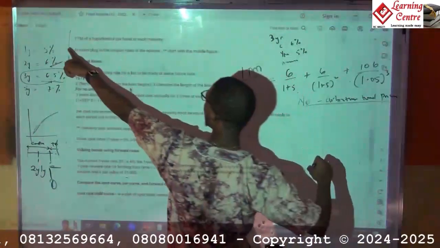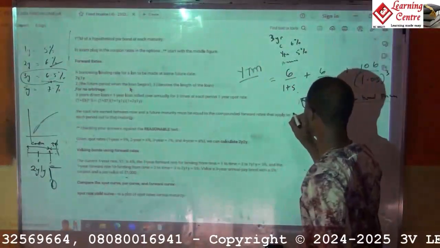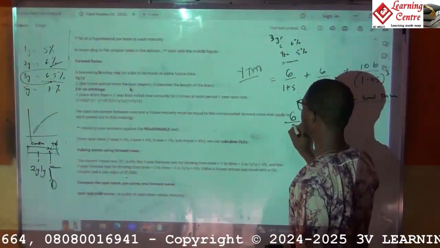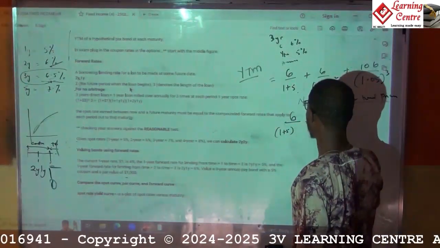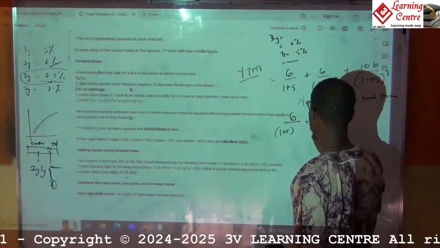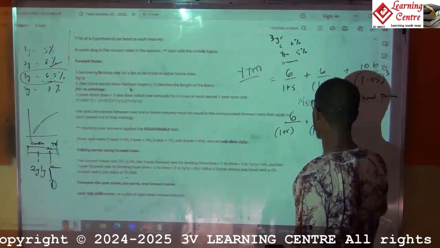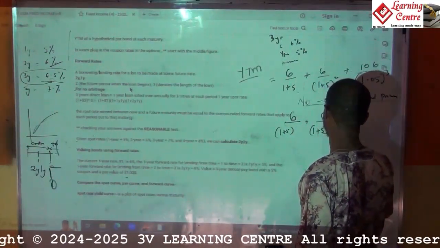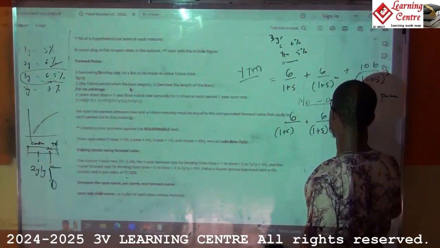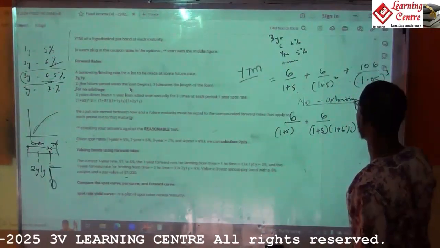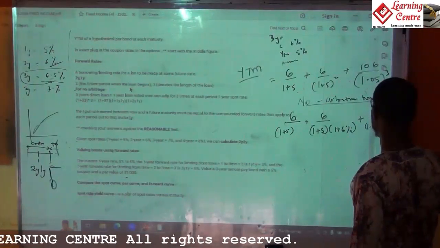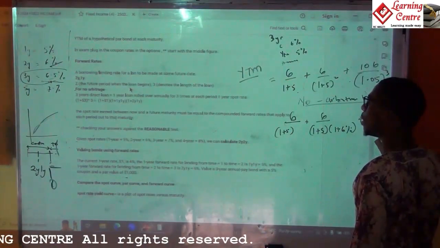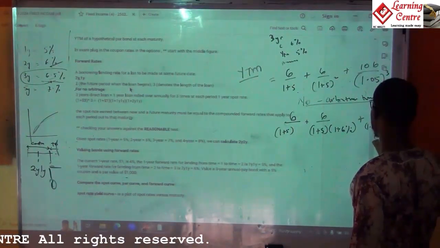If I am taking this same spot curve, I would price the first bond at 6 over 1.05, the second bond at 6 over 1.05 then 1.06, then the last bond 1.05, 1.06, and 1.065.